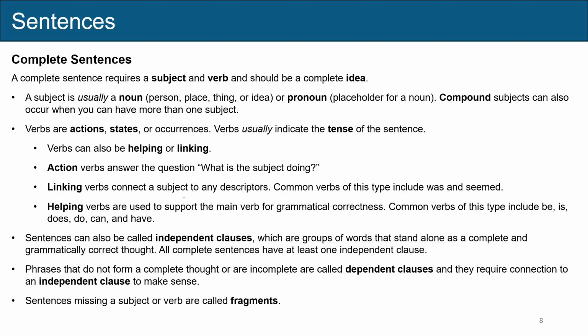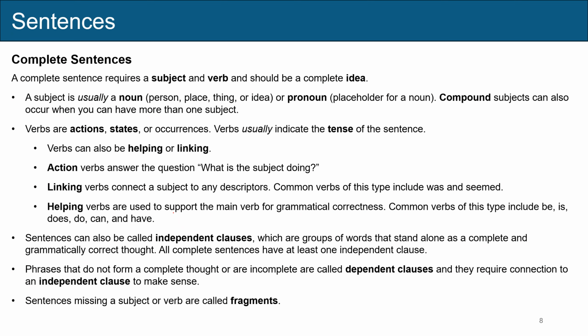So for example, grammatically incorrect would be to say, "I seen him." And so we add in the word have to make it grammatically correct: "I have seen him." That makes it grammatical. And I know in casual language, we don't always use these, but it is required in academic writing.